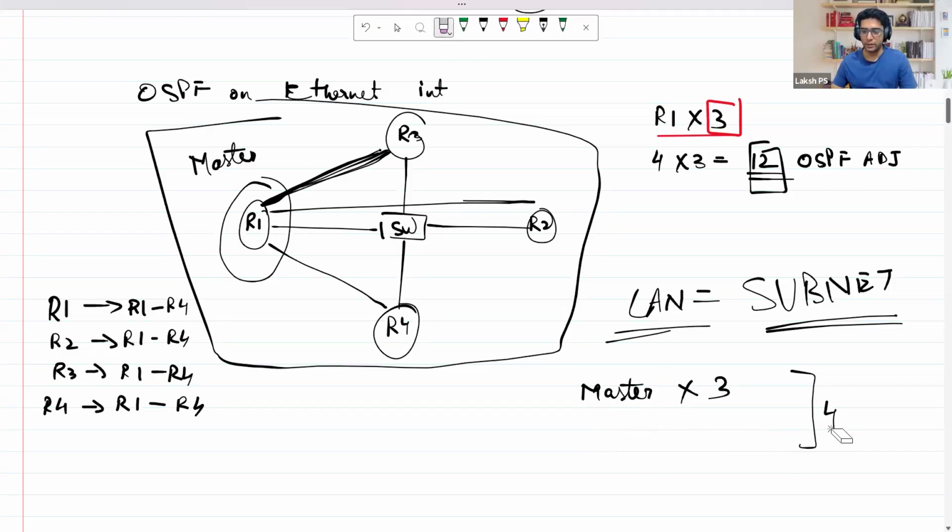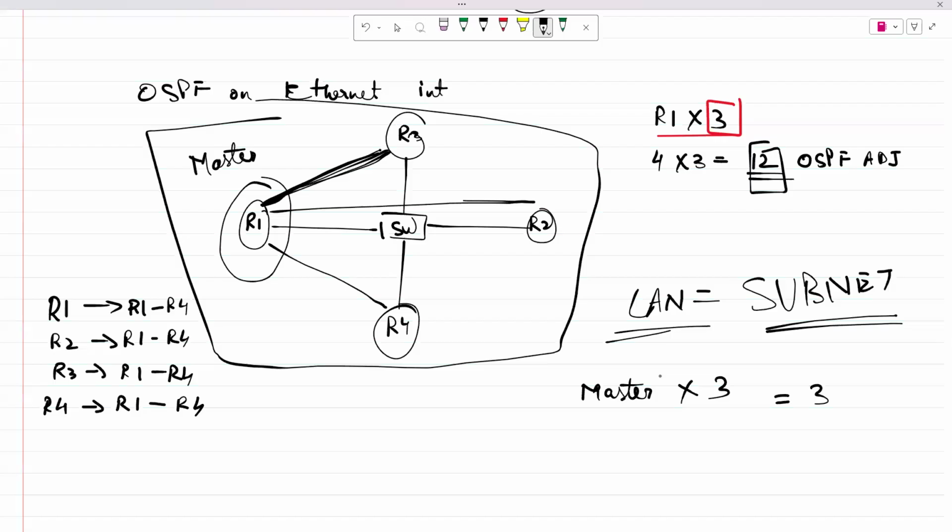Or just not 4, just 3 in total. 3 adjacencies: R1 to R3, R1 to R2, and R1 to R4. Only 3 adjacencies are there. That is what I said: I will have adjacency only with the master.